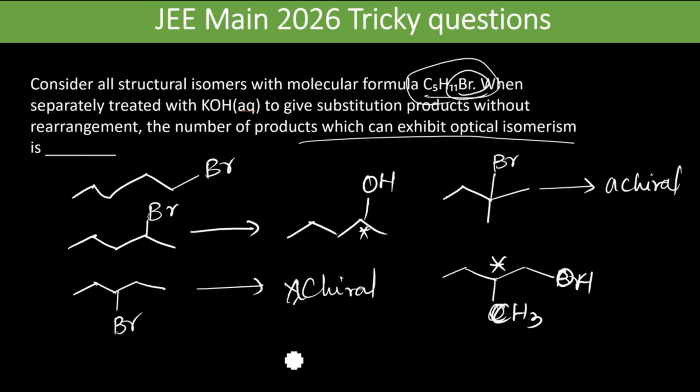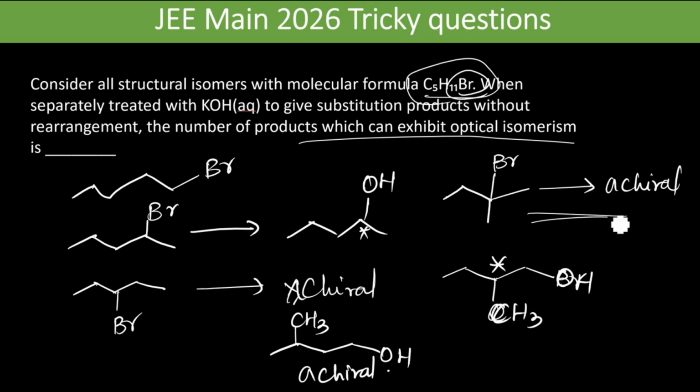And the other possibility would be 1-bromo-3-methylbutane. Let's think about that one also. 1, 2, 3-methyl. So that is not chiral. This obviously can't react also. This is tertiary.